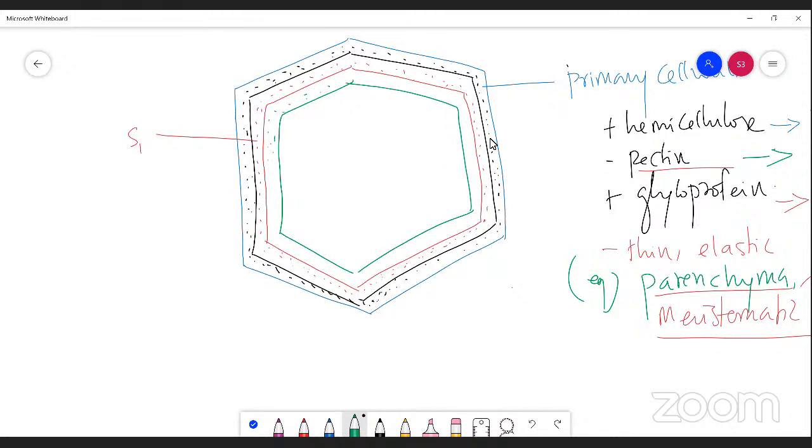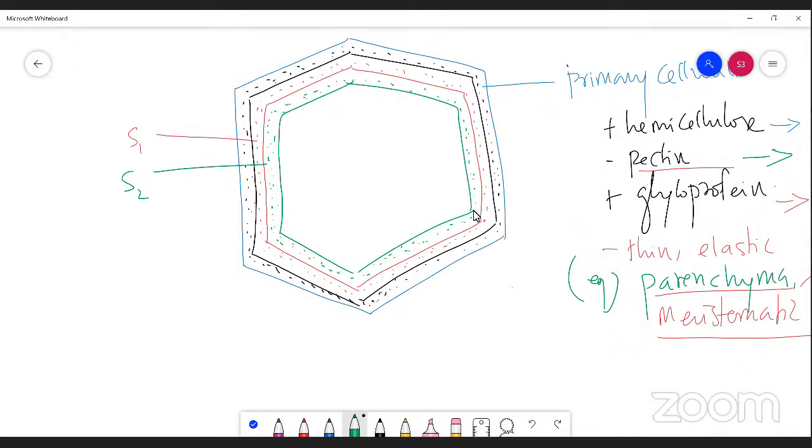The S2 zone is right just behind the S1 layer. The secondary wall is differentiated into the outer S1 and the middle S2, which is found just next to the S1 layer.